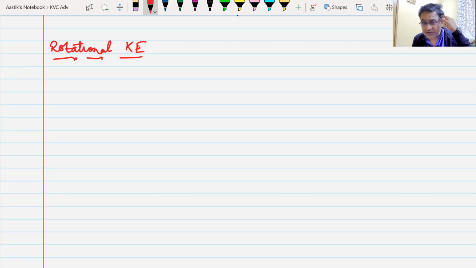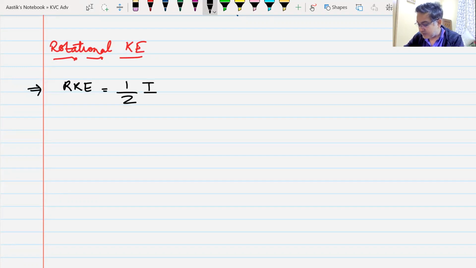I'll not go into details of how this kinetic energy is derived. The rotational kinetic energy, RKE, is because of pure rotation, and can be very easily written as half I omega square, where I is about an axis and omega is about the axis.